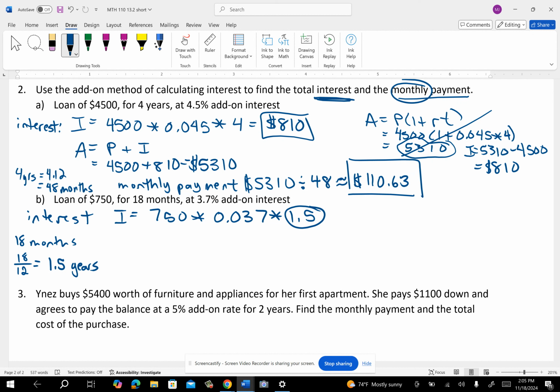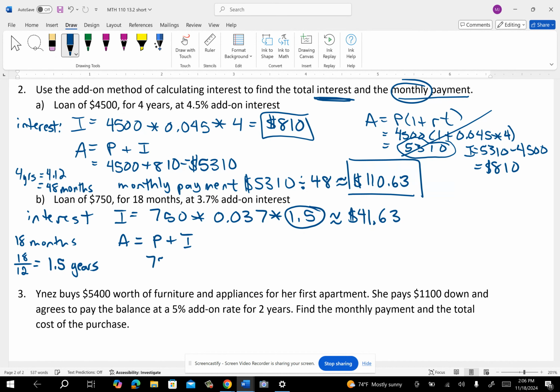All right, so now I'm taking the 750 times the 0.037 times the 1.5. All right, and that turns out to be about $41.63 in interest. All right, so then the amount that I'd have to repay would be the principal plus the interest.